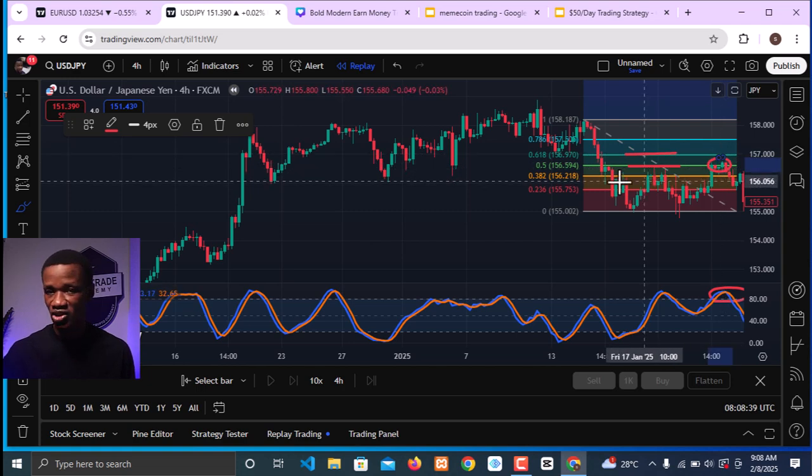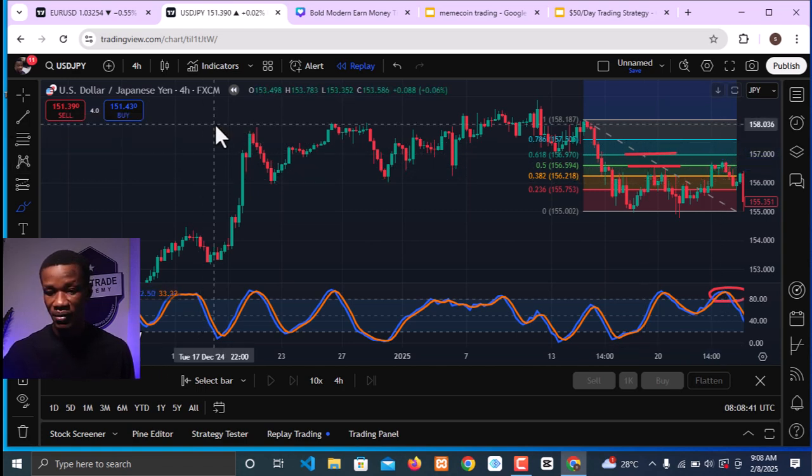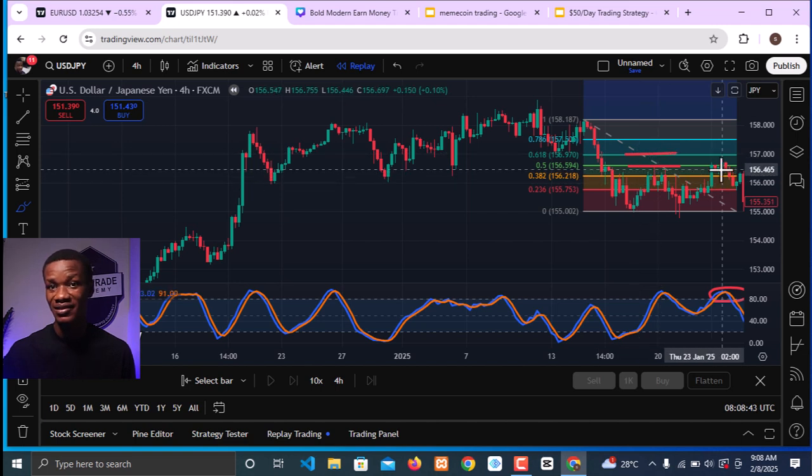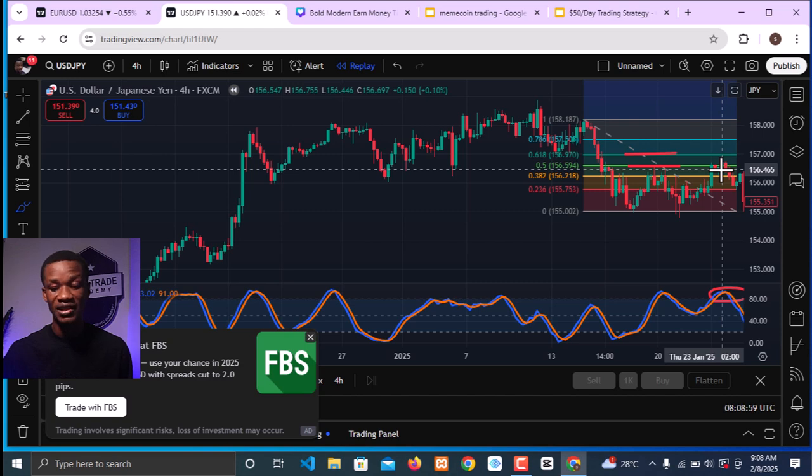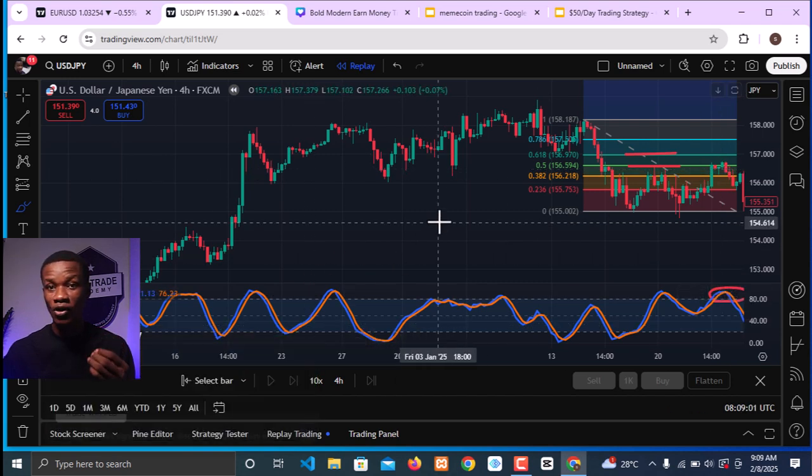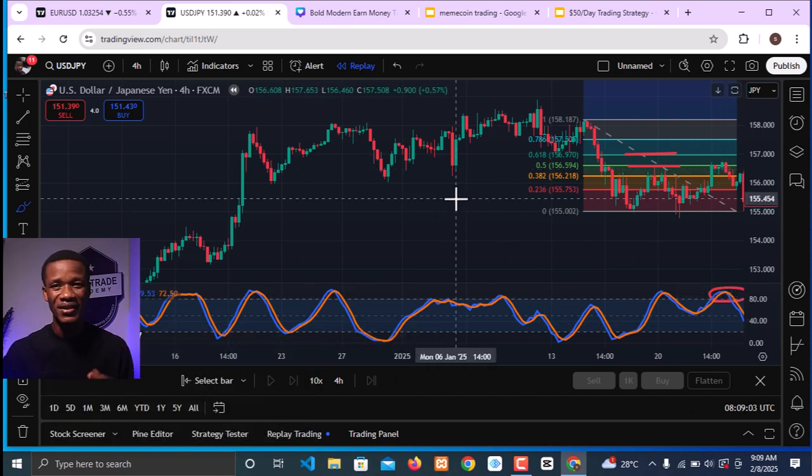Why are we paying attention to this very Fibonacci level between the 0.50 and 0.618? It is because when the market retraces very well, it means that the market also has the capacity of moving all the way to the upside. And most times we see that the best retracement for the market is always between the 0.50 and the 0.618.